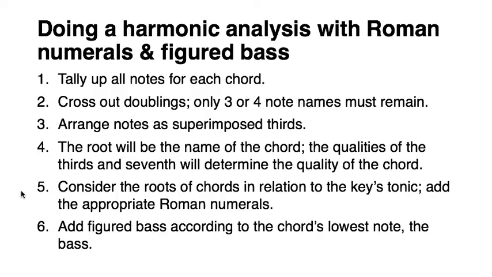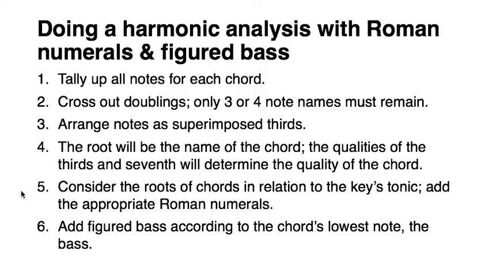So if you encounter a real-life example, whatever it is you're looking at, it presents chords, and it's in a minor key, and you want to figure out what the chords are, what the progression of these chords makes with Roman numerals, right? You're going to follow the same steps as before. Tally up all notes for each individual chord.